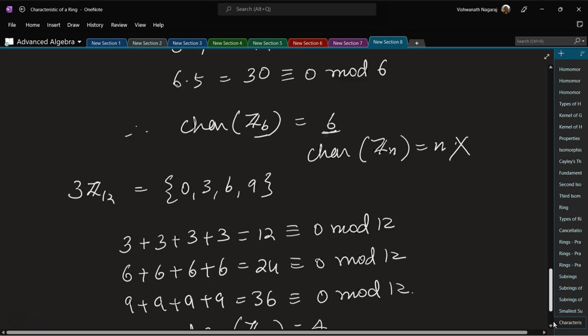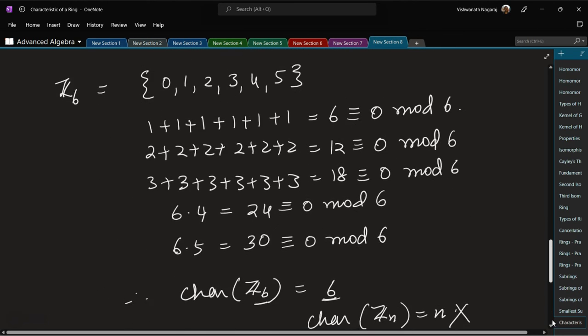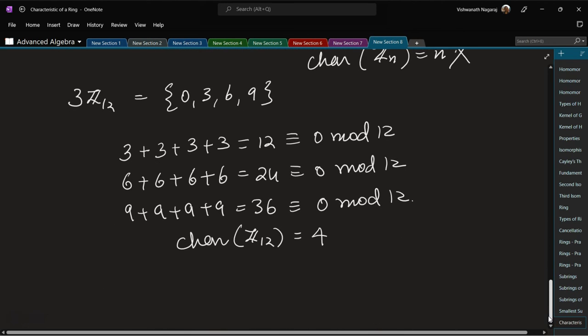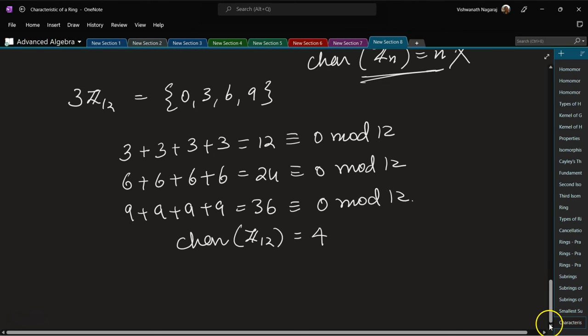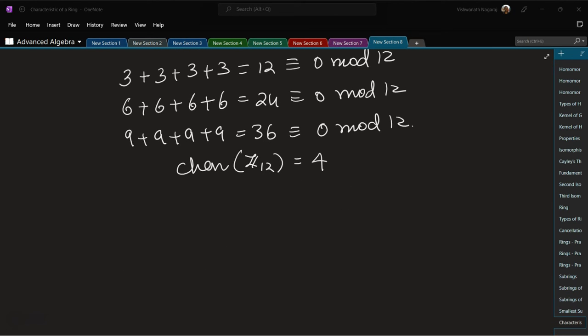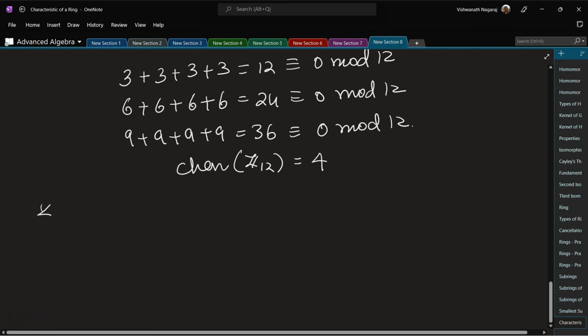So be careful when you are trying to figure out the characteristic. Don't think in these terms. Okay, now jumping a little bit ahead, let's look at another interesting aspect.